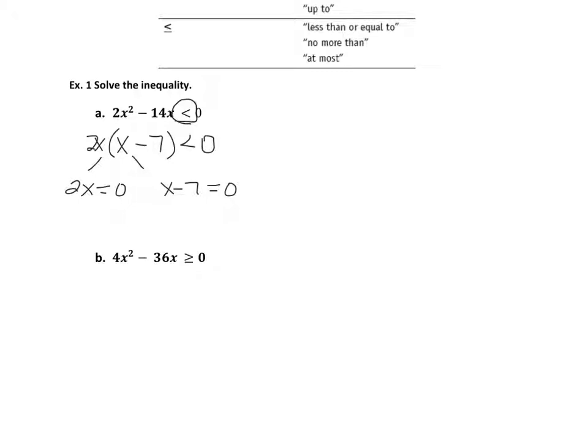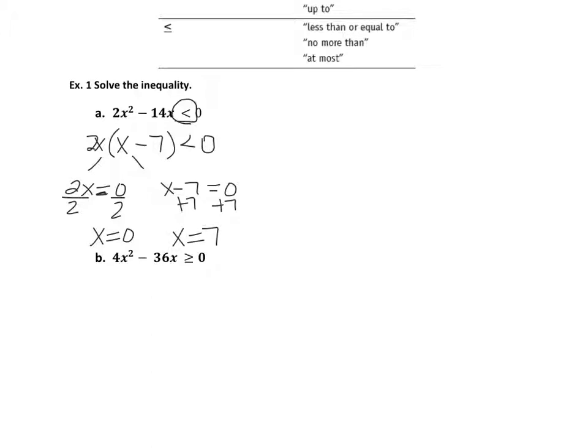I know that this is an inequality and this is an equal sign, but what I'm basically doing is I'm trying to figure out testing values. So it doesn't really matter what symbol you're going to use. It's like you're solving for x. So if I solve this for x, I've got x equals 0. And then over here, I'm going to add 7, and I will have x equals 7.